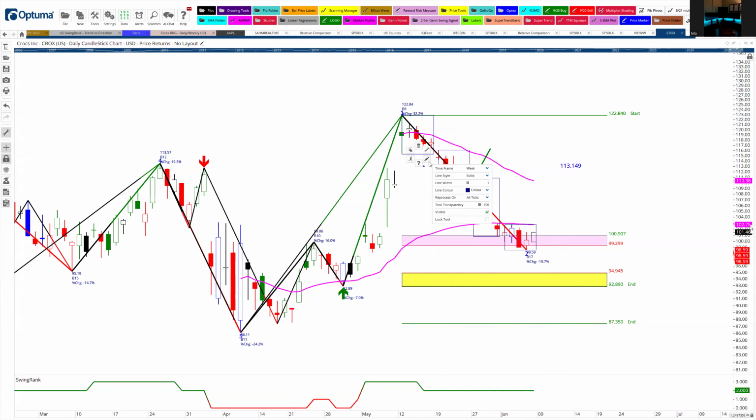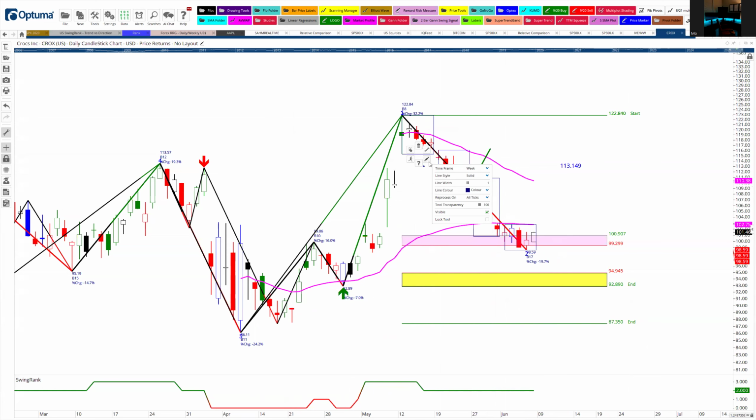I built this zone to see if it looks like the price is trying to hold. The worst case is that if the price does manage to come back down again, this is going to be the second zone, which is around this 92, 94 area.